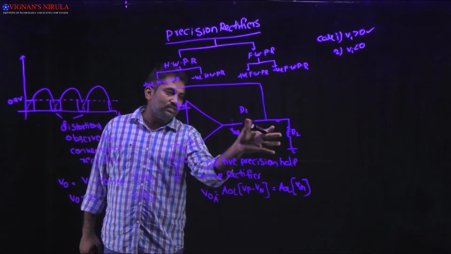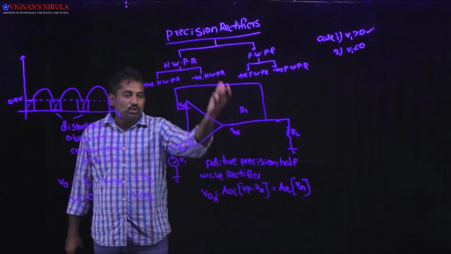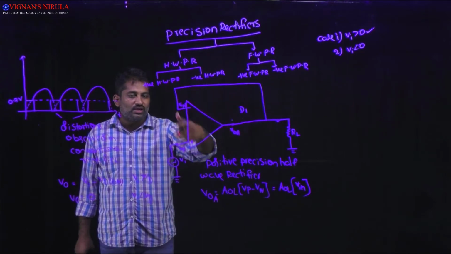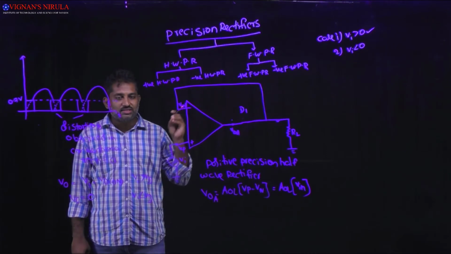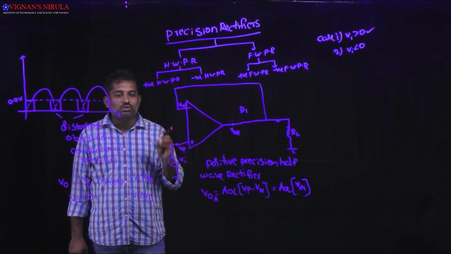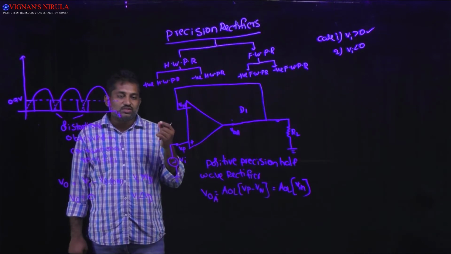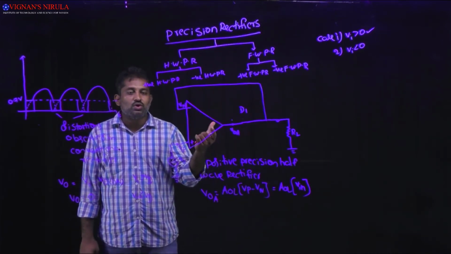Now the total circuit is converted into a voltage follower circuit. We have already seen the voltage follower circuit, that is V0 is equal to Vin. That's why we call it a voltage follower. With a small change in the input, the output also varies immediately.